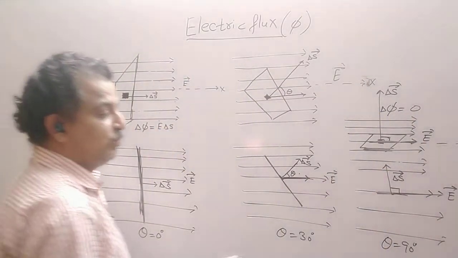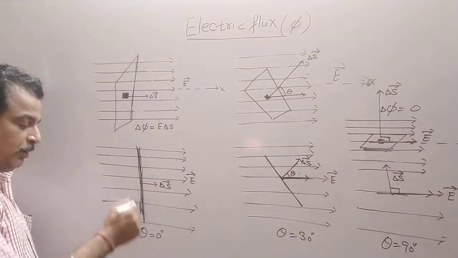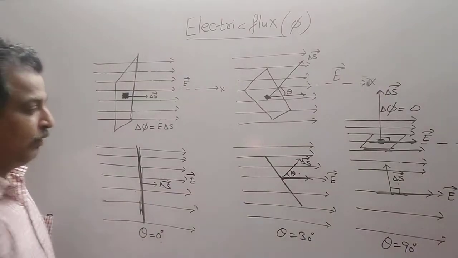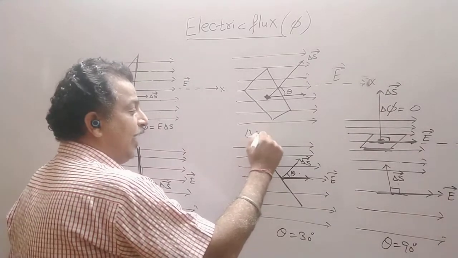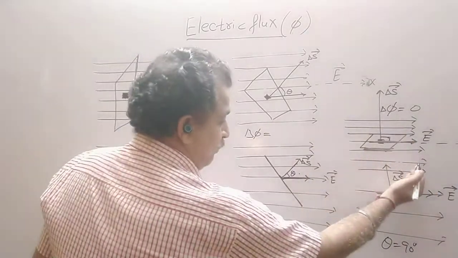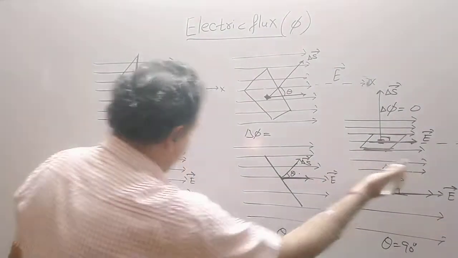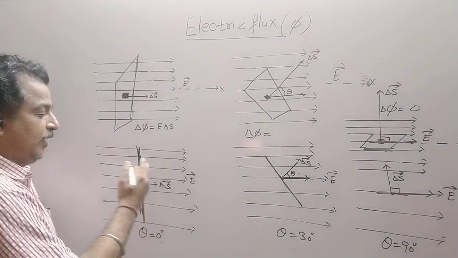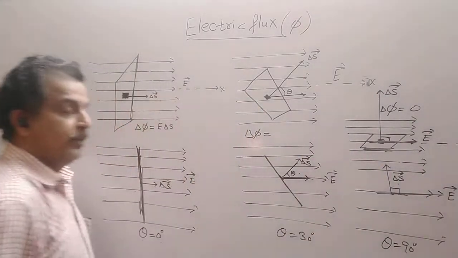The flux is minimum when the angle is 90 degrees, and maximum when the angle is 0 degrees. So the flux linked with this area element should be in between minimum and maximum, and the value is decreasing from maximum to minimum.